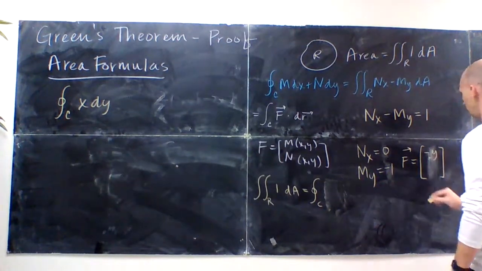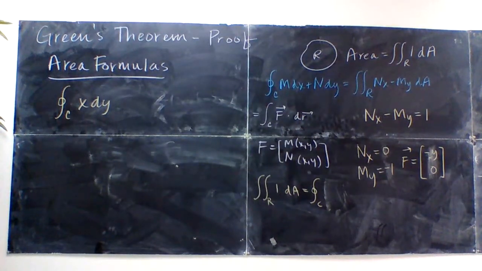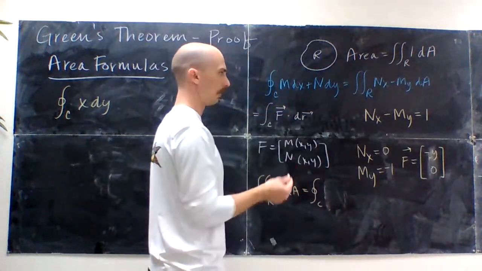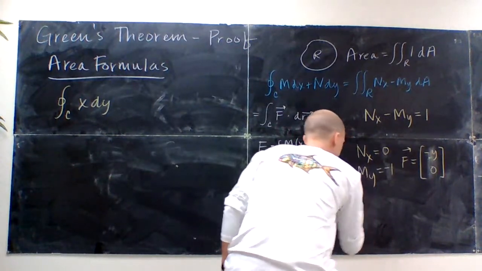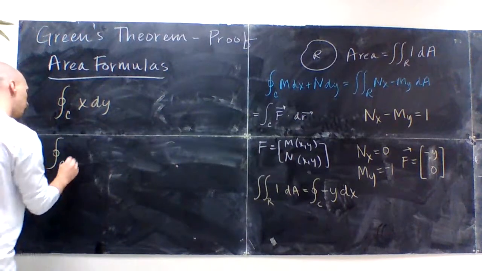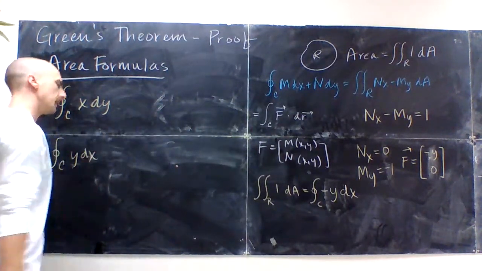I'm just going to say that's negative y, and this will be 0. And so if I dotted this with dr, I'll have negative y dx. And so that's another formula we've got here: the negative integral over C of y dx.